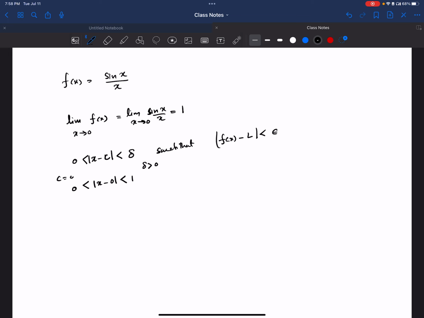So if you put in the magnitude of sine x over x minus 1, what is the value? We put maybe 1 for x. So when you put 1, you get sine 1 minus 1.